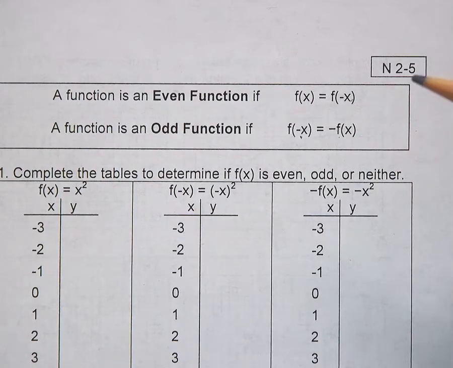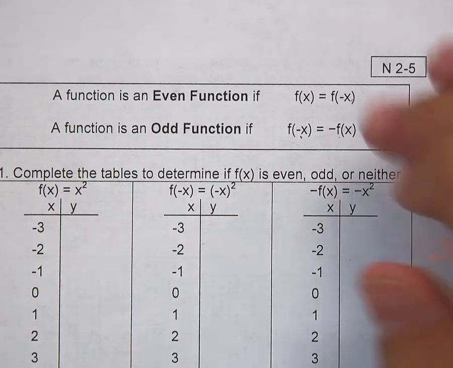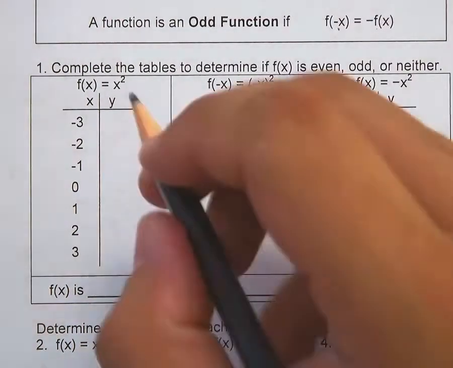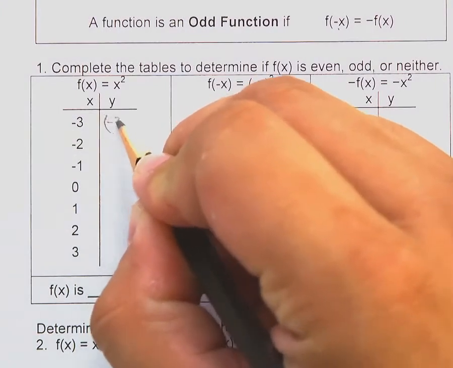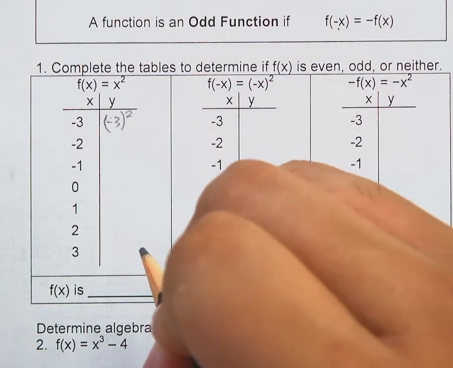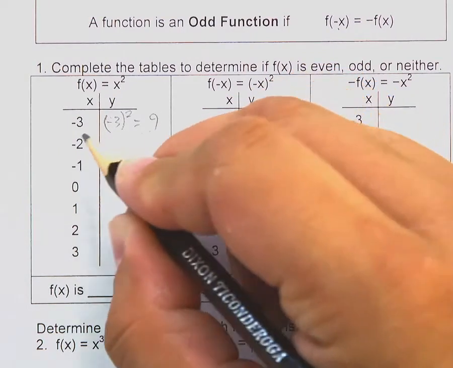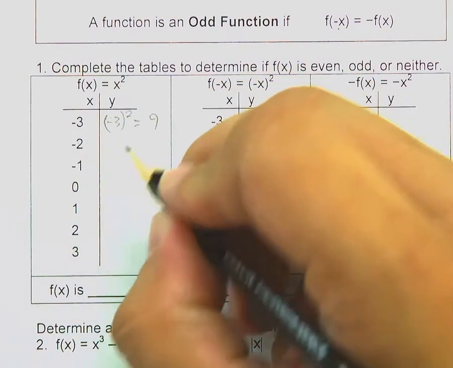So we're going to complete tables to determine if f of x is even, odd, or neither. Now if you were to plug negative 3 into x squared, you would get 9. Negative 2 squared is going to give you 4.